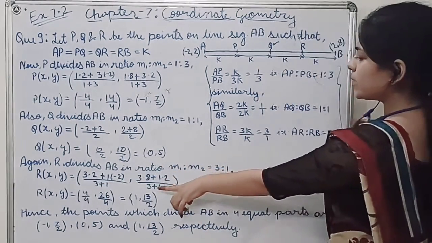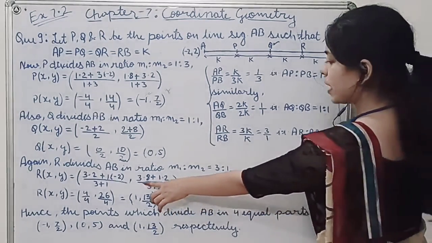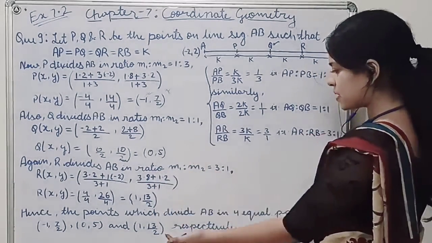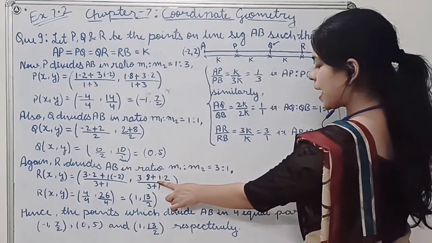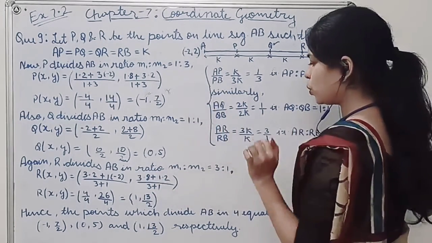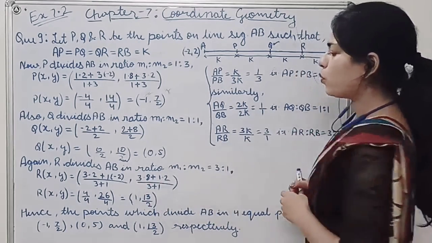Now for the y coordinate, m1 multiplied by y2 is 8, plus m2 multiplied by y1 is 2, so 1 into 2, upon 3 plus 1.